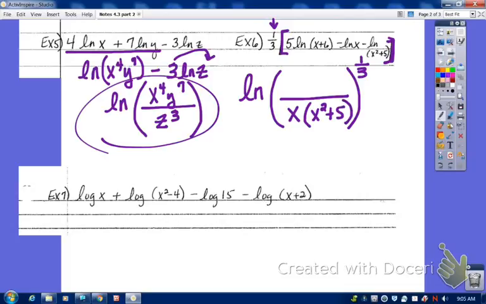Since both of those are being subtracted, both of them were in the denominator, and they were being multiplied together to begin with. So the only thing that goes in the numerator is the 5 ln x plus 6, but the 5 is a power, so you're going to revert it back to be a power there. And then in the top, you're going to have x plus 6 to the 5th.